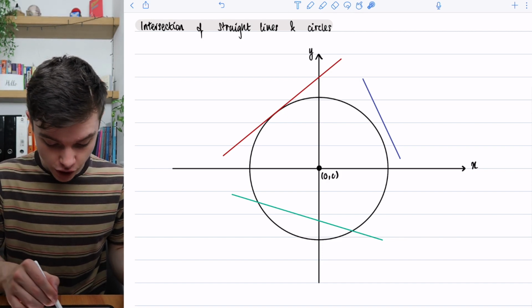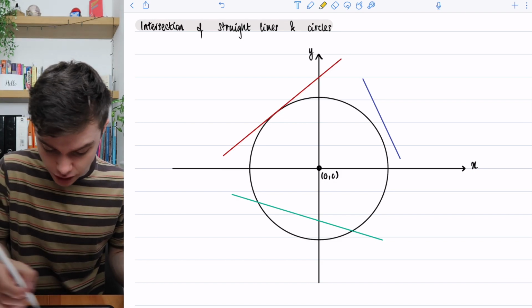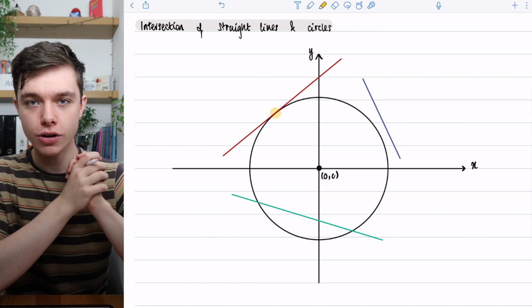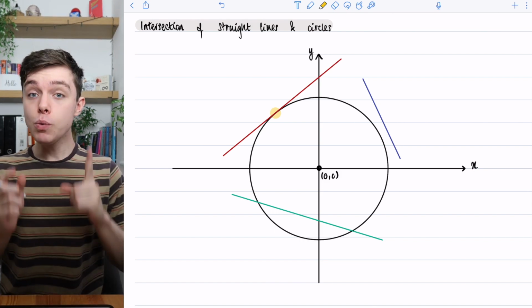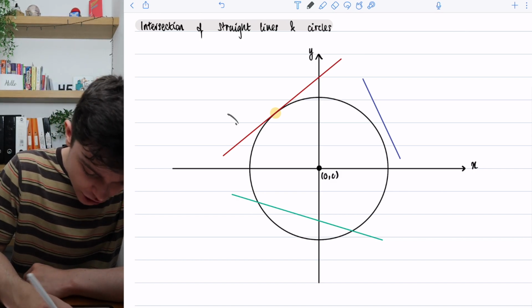Let's first of all have a look at this red line, and at the intersection point, which is about where that yellow dot is. There's only one intersection point here, so I'll do some annotation in blue.